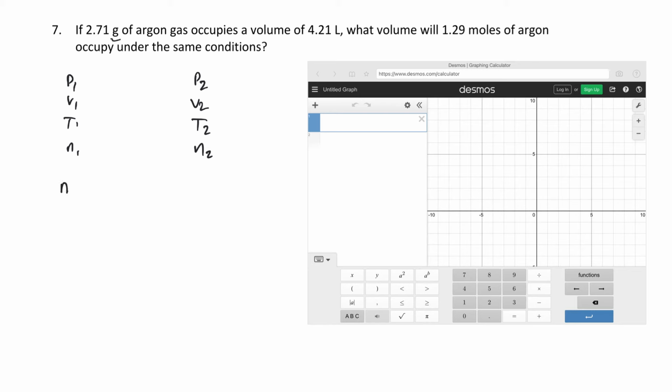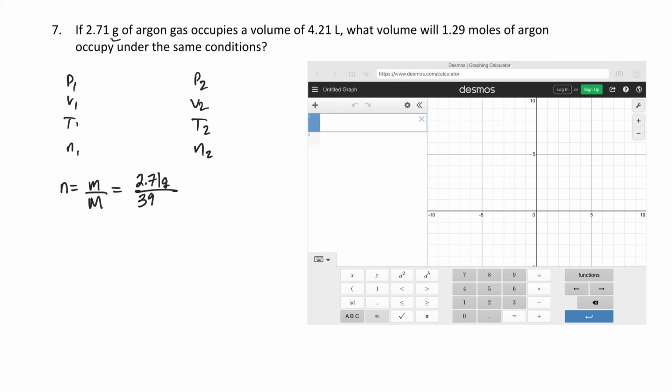So I can change it into moles by using this formula. So mass is 2.71 divided by the molar mass of argon. I'm going to have to figure that out. Give me a second. I don't have my periodic table handy. 39.95, I think.